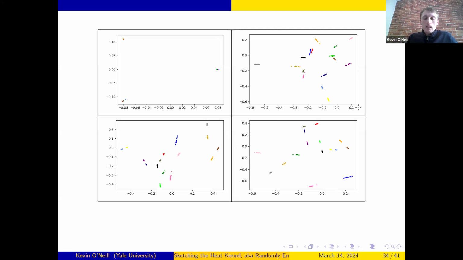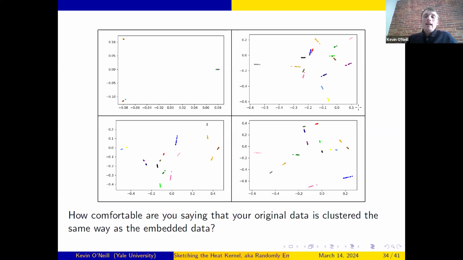Okay. So a quick pause just for general discussion. A lot of times people will use these sort of embedding tools for clustering. You take your data in very high dimensions, your clustering algorithm runs really slowly there. You pop it down to R2 or R3, you cluster it there.